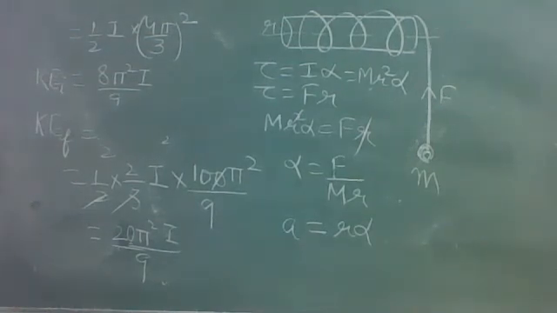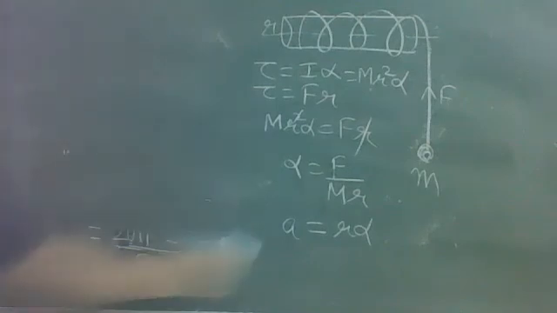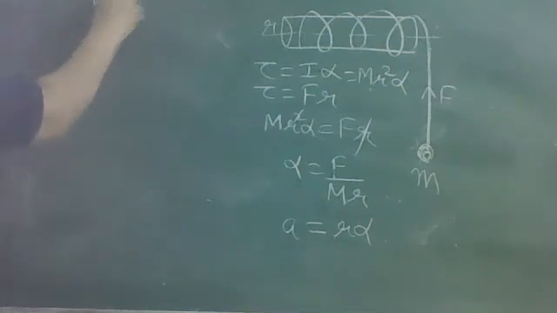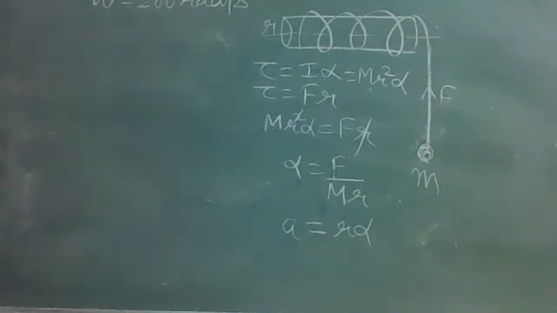Now question number 15, listen. To maintain a rotor at a uniform angular speed of 200 radian per second, an engine needs to transmit a torque of 180 Newton meter.